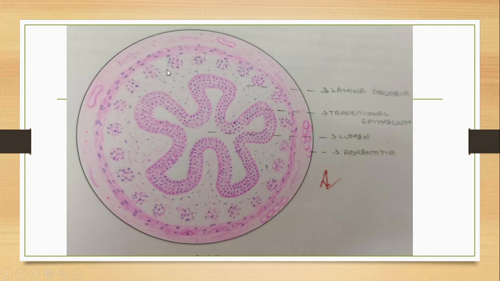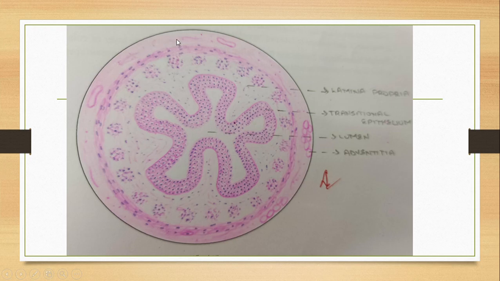We can see the cut sections of longitudinally running fibers, rounded in nature, and the circularly running fibers as a continuous layer. This represents the inner longitudinal layer. The cut sections of smooth muscle represent these bundles, and this is the outer circularly running smooth muscle bundle.